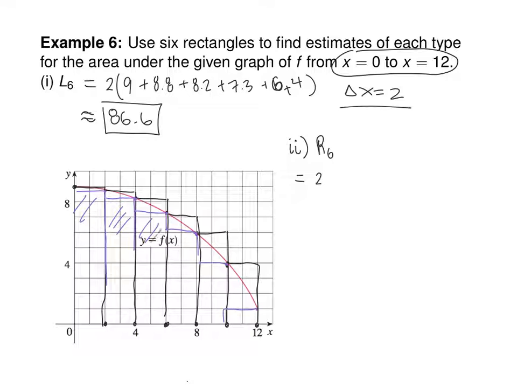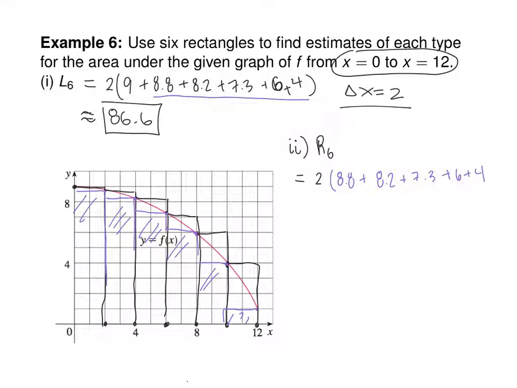So the first number we'd use would be 8.8. You see how I'm going to reuse all those points? Okay, so 8.8, 8.2, 7.3, 6, 4. Does that make sense?